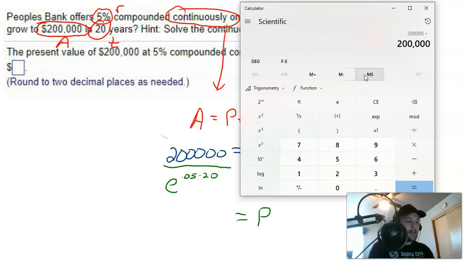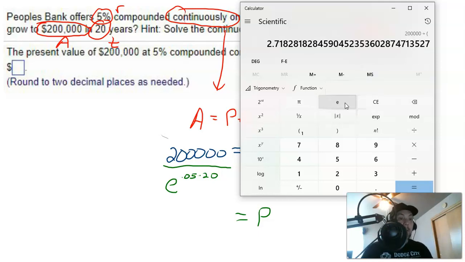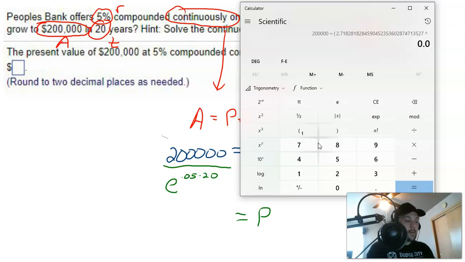Okay, divided by, I don't know if I have to, but I'm going to be safe. Parentheses, E to the power of, where's my exponent thing here? To the power of 0.05 times 20. That ends the parentheses. Oh, I forgot the exponent.